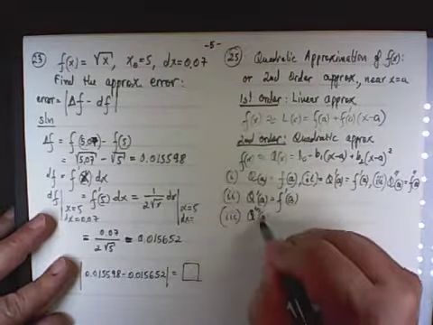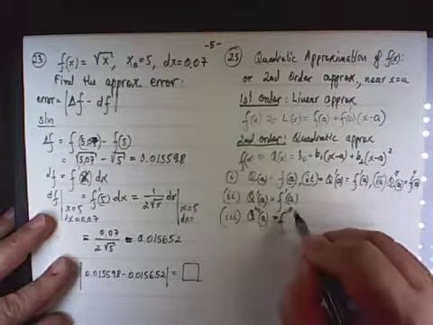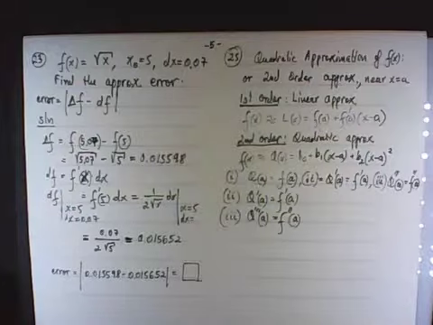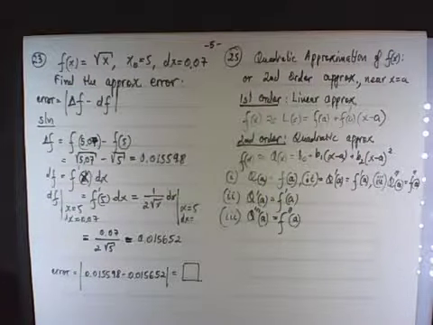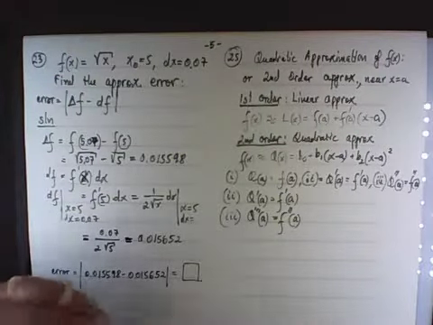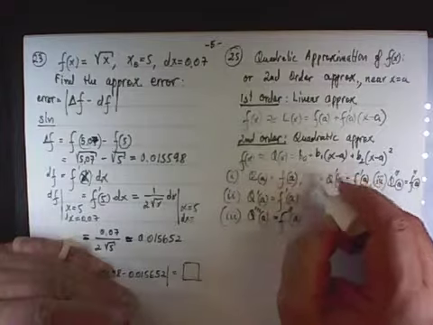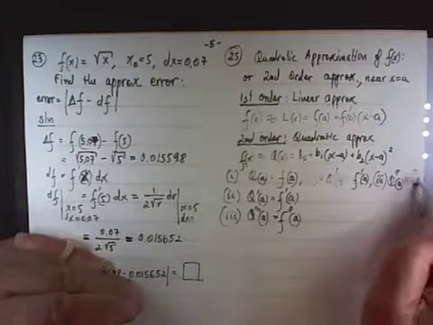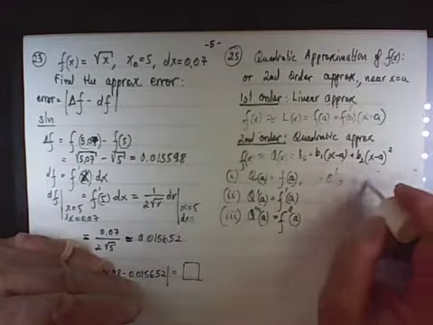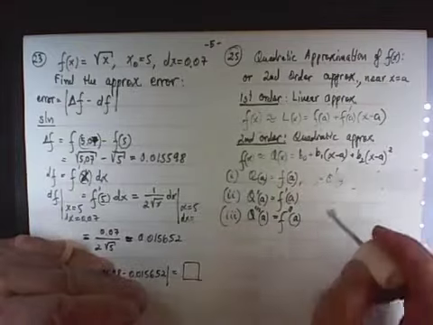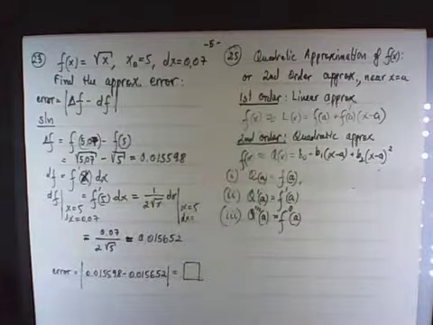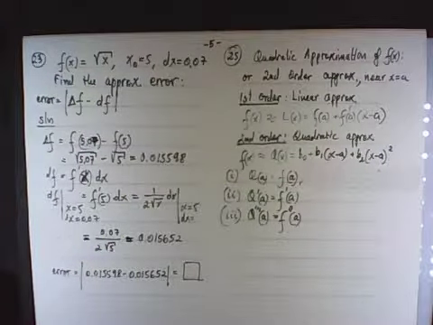So the condition for this to work is the function has to equal the quadratic at the point a. The first derivatives have to equal each other, and the second derivatives. And if we had the cubic approximation, then we're going to ask for the third derivative. If we go for the fourth order approximation, we need the fourth derivative, and so on. But this is in Calc 2. So this is a glimpse of what we do in higher order approximation.